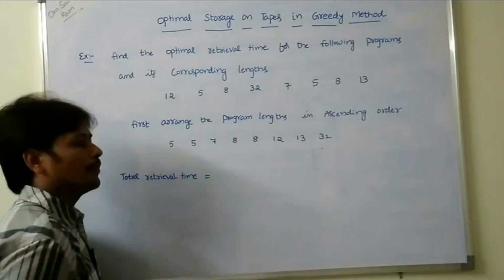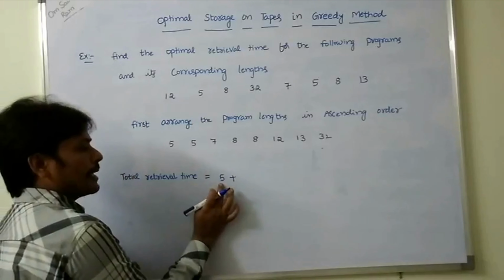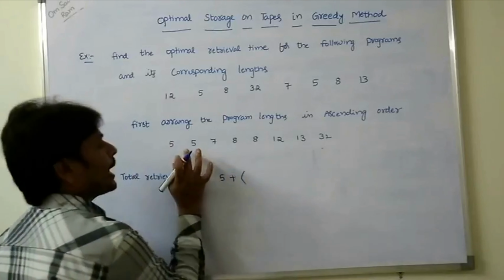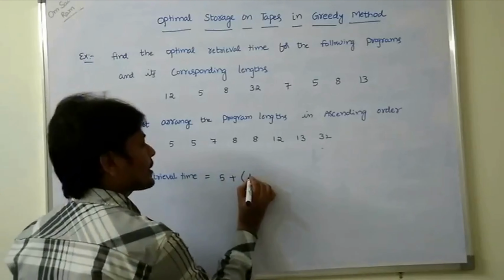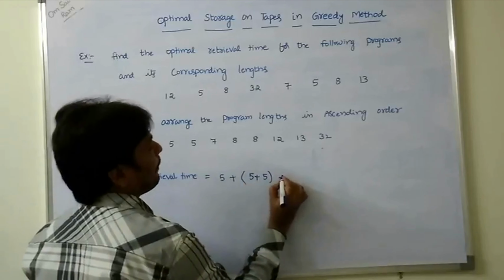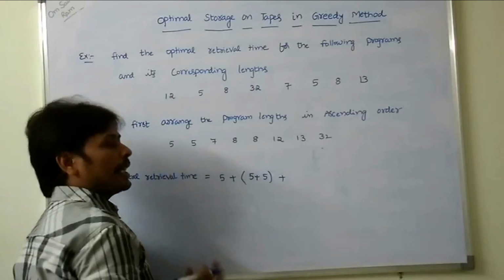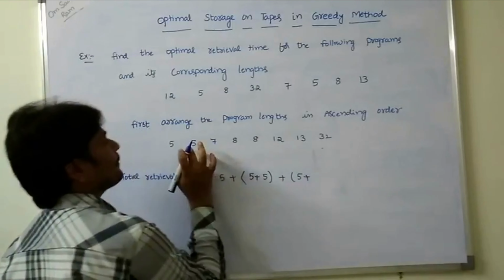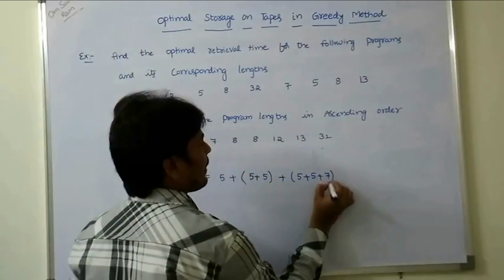So that is equal to 5 plus, this is for accessing the first program. Next, the time required for accessing the second program is the time required for accessing the first program plus the time required for accessing the second program. Plus the time required for accessing the third program, which is the first plus the second plus the third program.